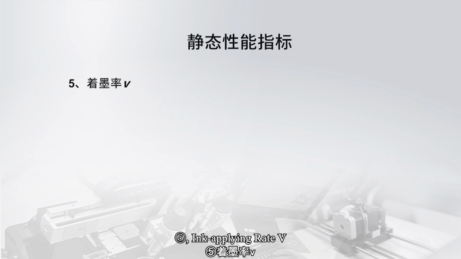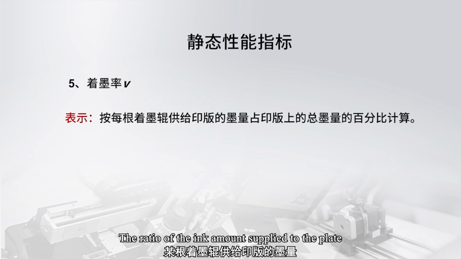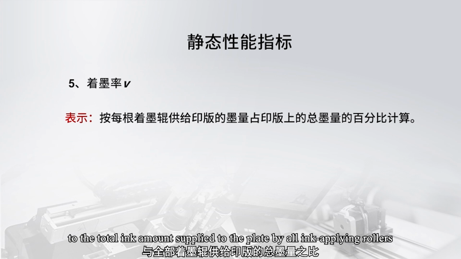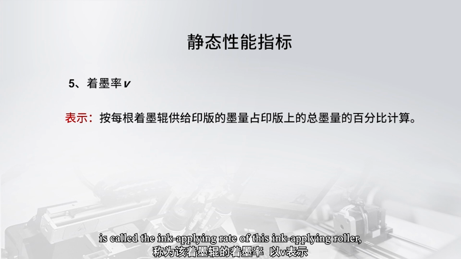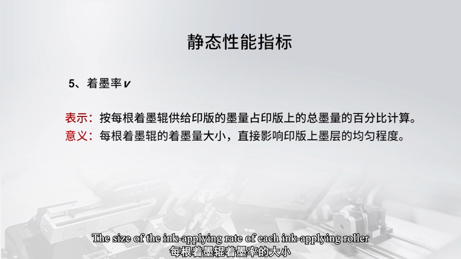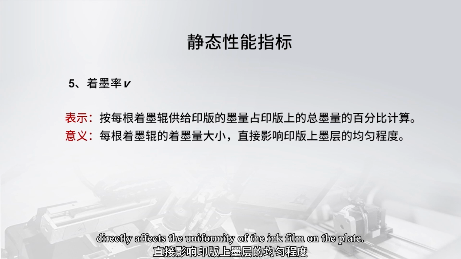5. Ink applying rate V. The ratio of the ink amount supplied to the plate by a certain ink applying roller to the total ink amount supplied to the plate by all ink applying rollers is called the ink applying rate of this ink applying roller, denoted as V. The size of the ink applying rate of each ink applying roller directly affects the uniformity of the ink film on the plate.